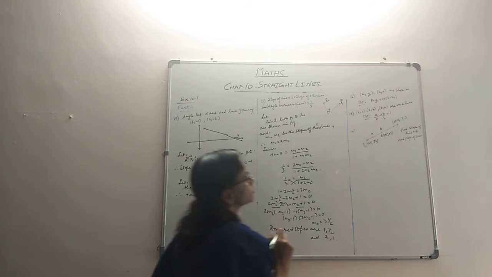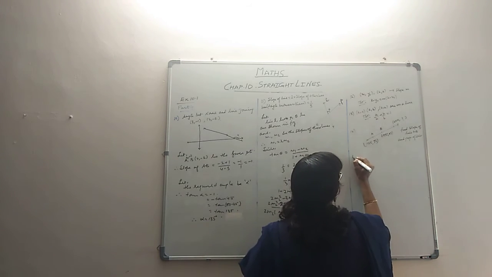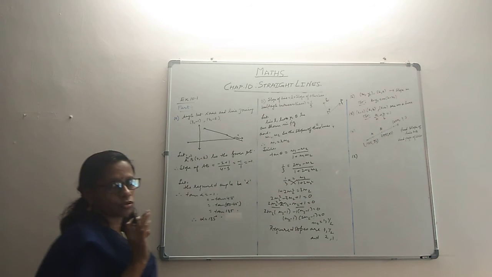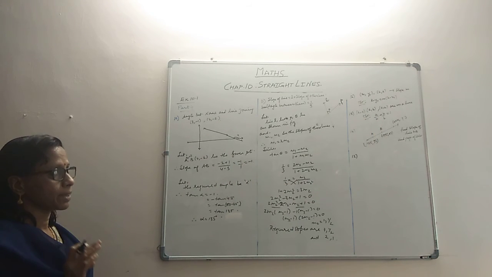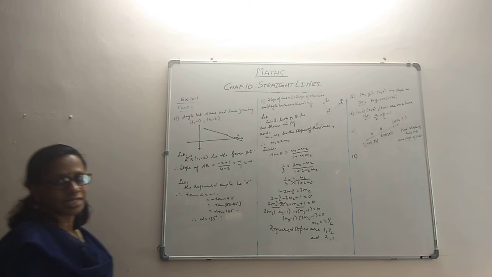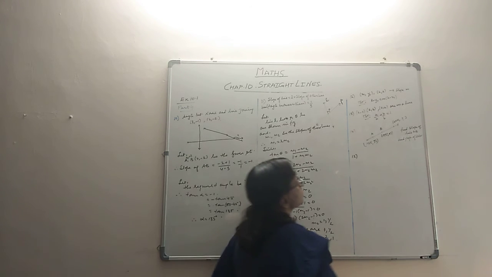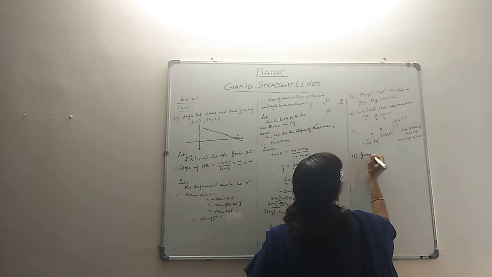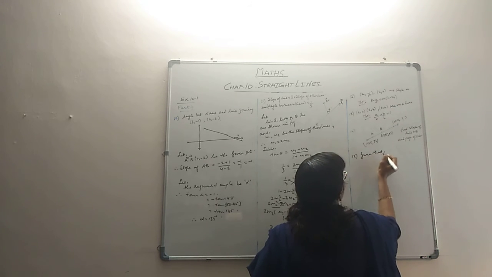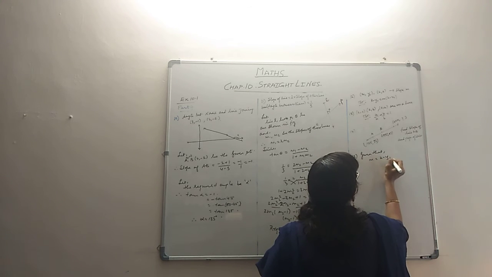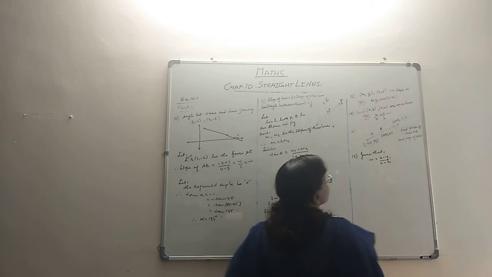Then we got problem number 12, which says that you have this x1, y1 and h, k. There is a line which is joining these 2 points and its slope is m. If that is the case, they ask us to establish that relation. Since the slope is m, we have y2 minus y1 by x2 minus x1 is the slope m.